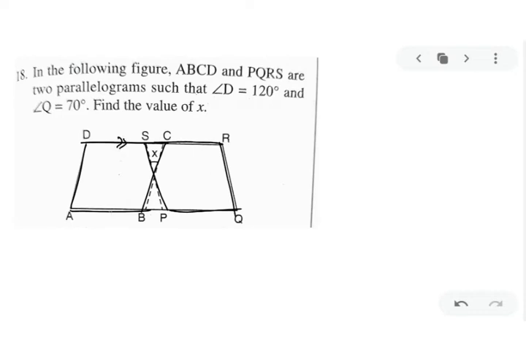That means the lines are parallel. Further it says such that angle D is 120. Angle D, I'll mark it here, 120. And Q is 70. You have to find value of X.